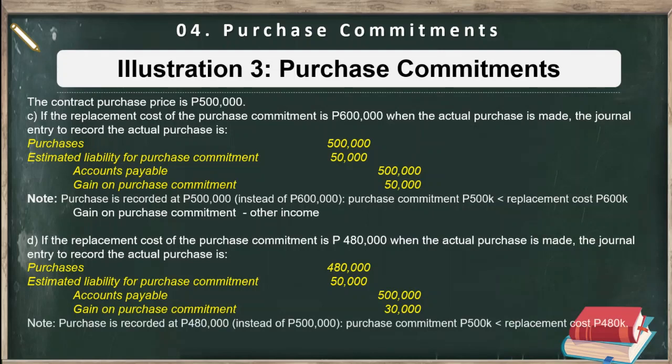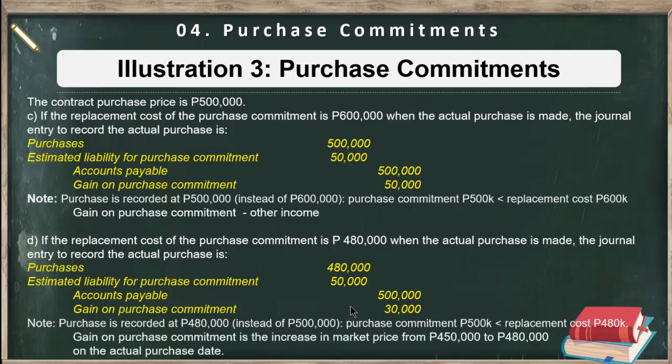So the purchase is recorded at 480,000 instead of 500,000 because the purchase commitment here is greater than the replacement cost. So correction ha, because the purchase commitment is greater than the replacement cost of 480,000. The gain on purchase commitment is the increase in the market price from 450 to 480,000.